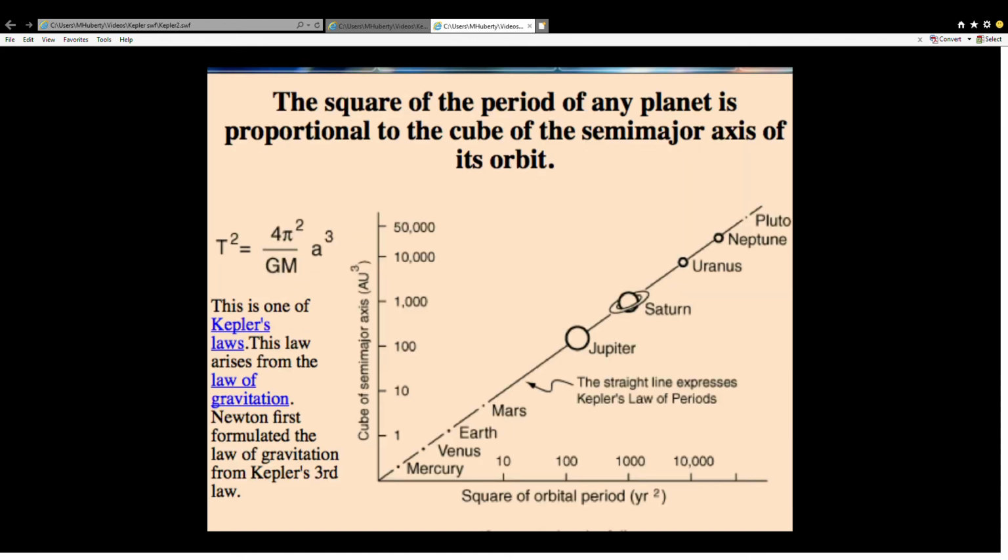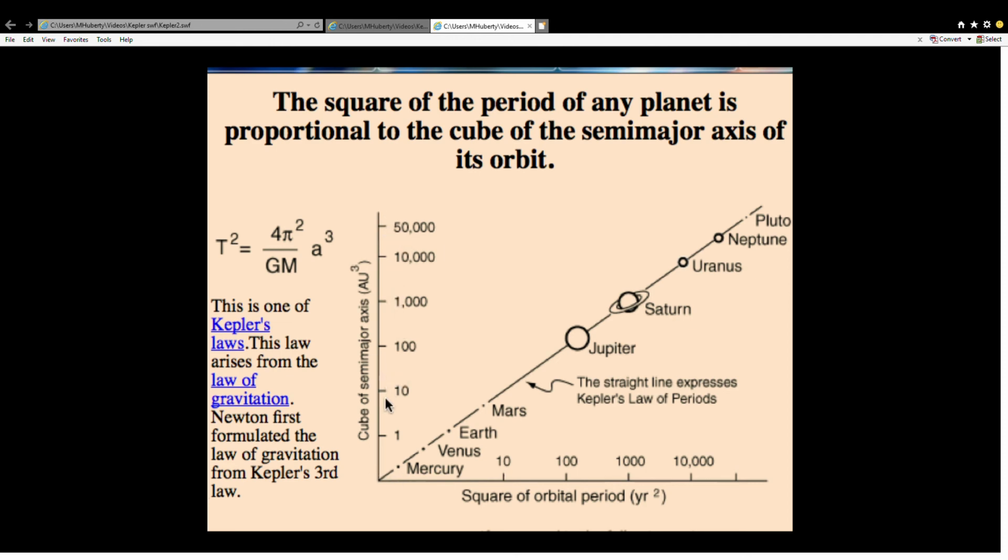This is really a data analysis thing, just doing a best-fit data curve here. In this particular example, they were taking the square of the orbital periods, so this is the number of years squared for each planet to go around the sun, in Earth years, and the cube of the semi-major axis.